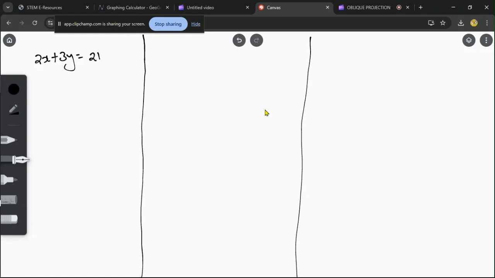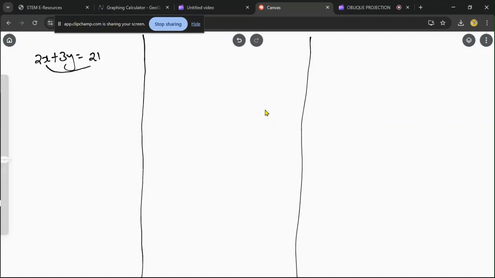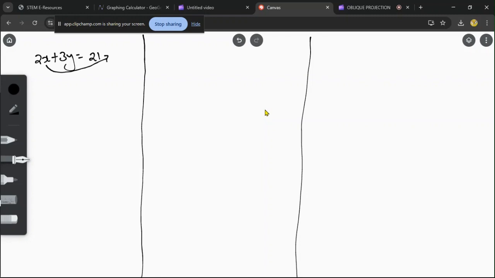So we want to remain with y on one side. What should I do? Let me first of all take this one to the other side. So it will be 3y equals to 21. Here it was positive, so it will be minus 2x. Then I want to remain with y alone. I divide across by 3.